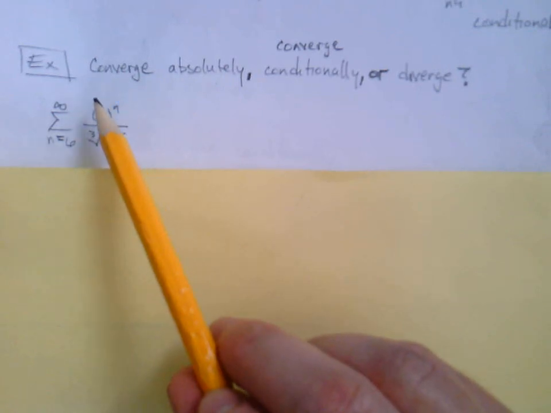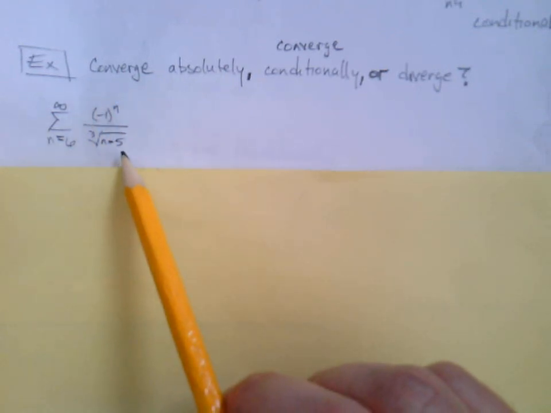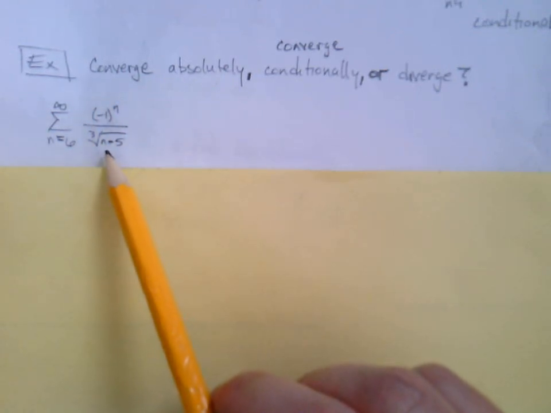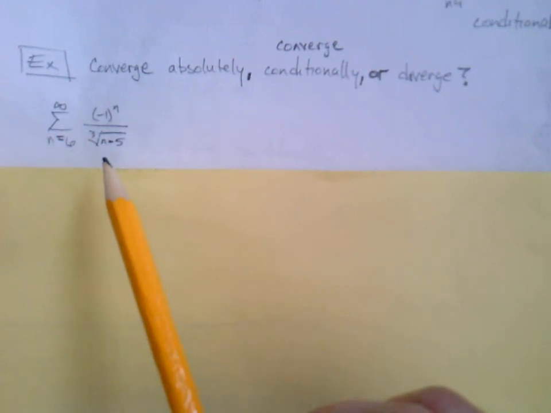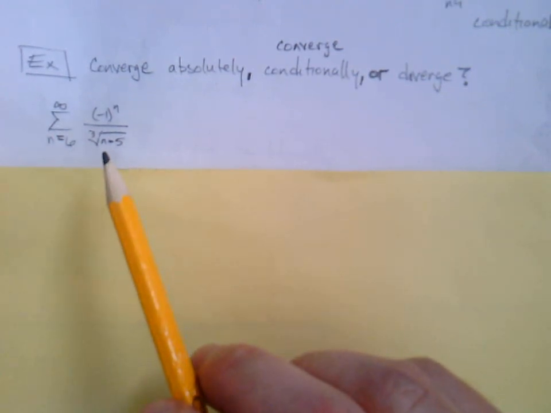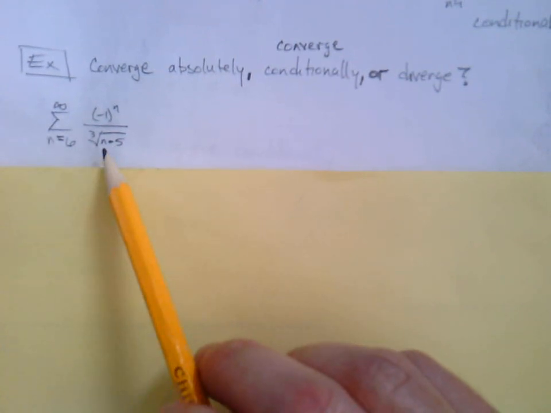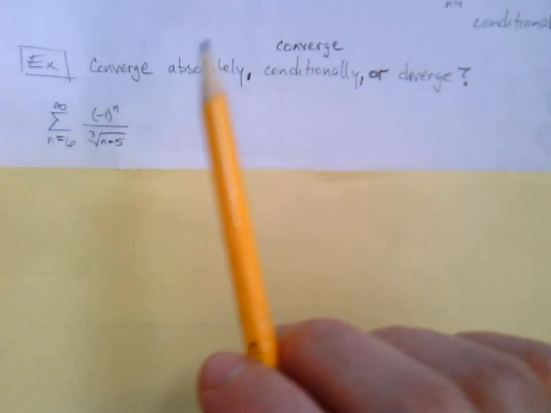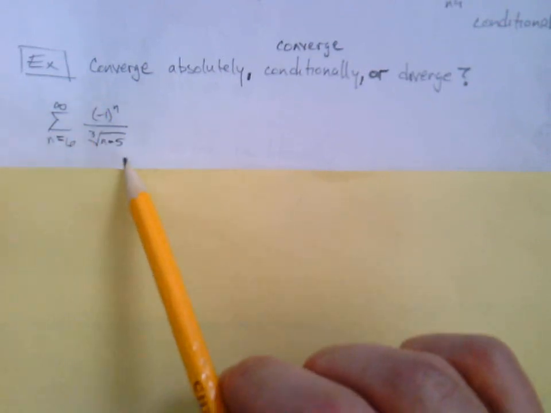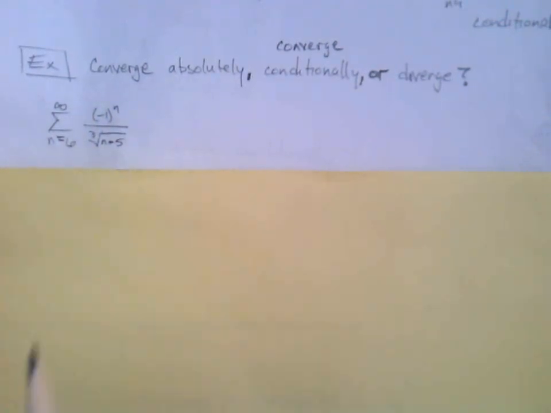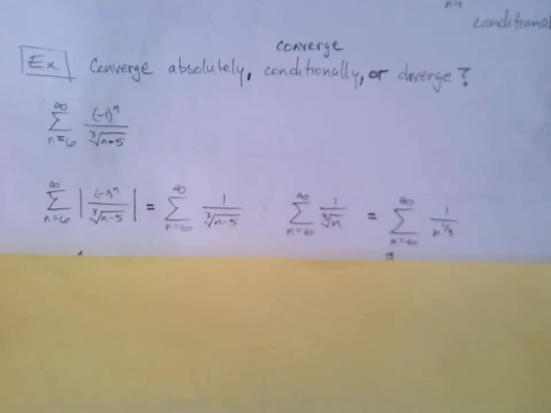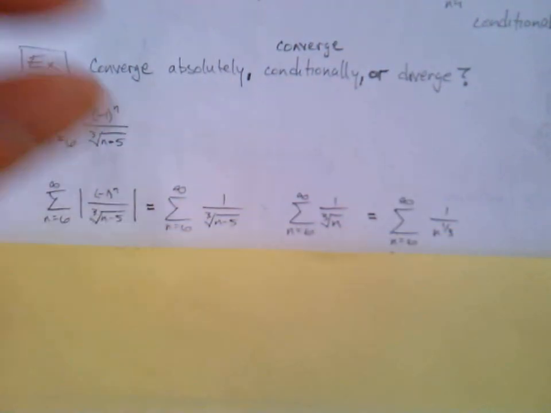Maybe you speculate that this thing diverges. Then you might start with the original series just the way it is, and any test goes, so who knows what test we might use. Or maybe you speculate that it's the other extreme, that this converges absolutely. That's the way I'm going to start, just because that's the new idea, especially. I'm showing you quite a bit of work here, and that's all right.